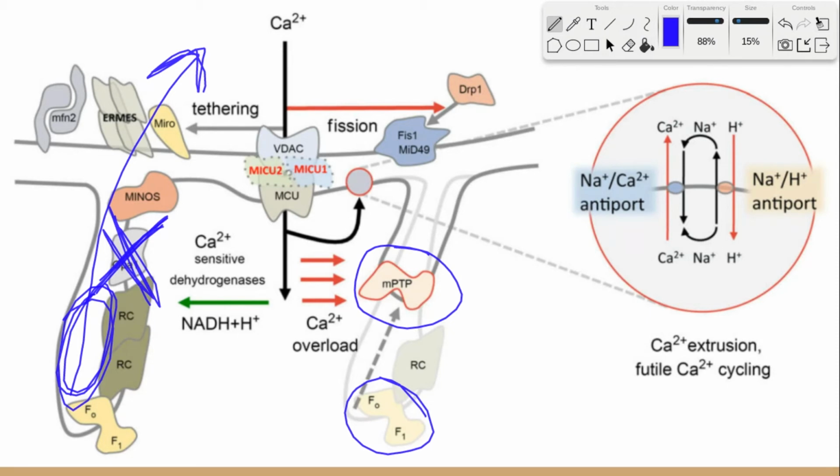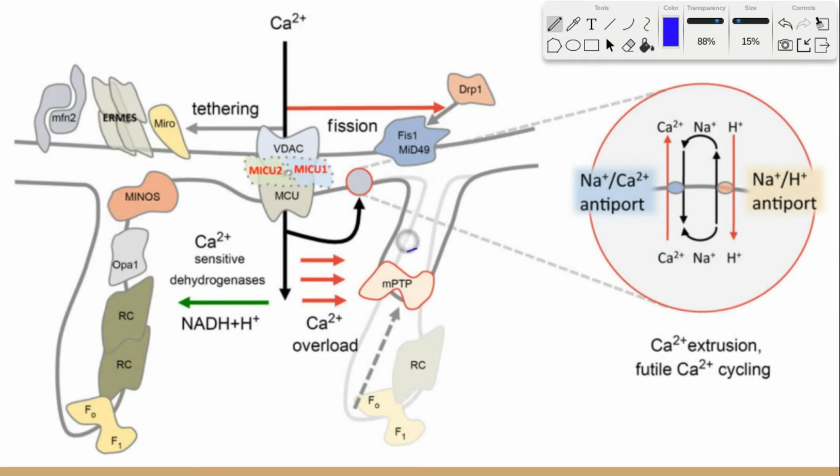And finally, calcium overload activates our NCX transporters. This is our NCX transporters, and they will basically burn ATP trying to remove calcium from the matrix. The problem is if our MPTP is open, calciums can be rushing in no matter what.